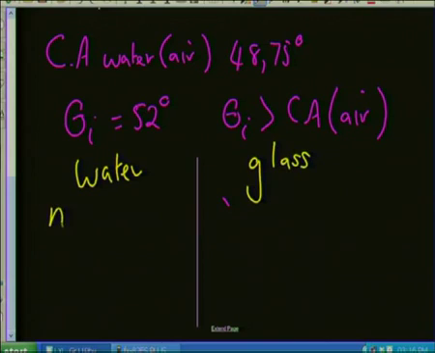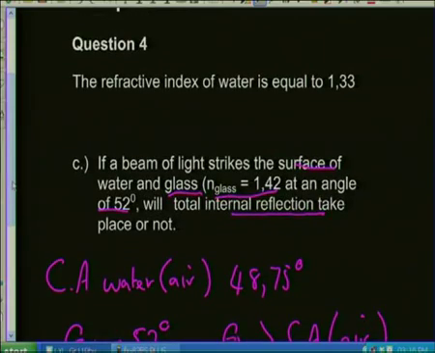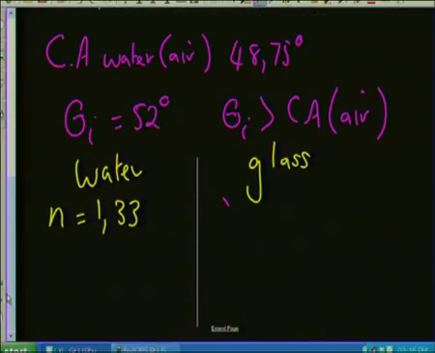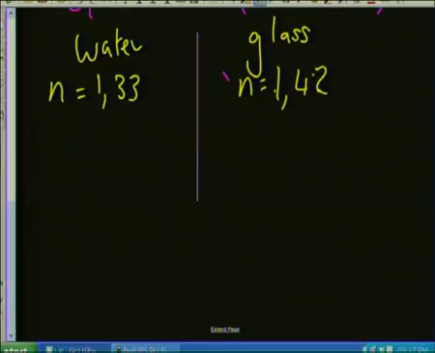The refractive index of water, remember, was given as 1,33, and the refractive index of this particular glass was 1,42. Now the question is, is there still going to be total internal reflection?